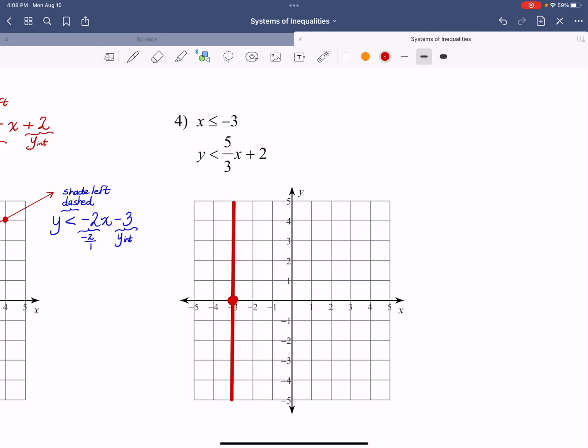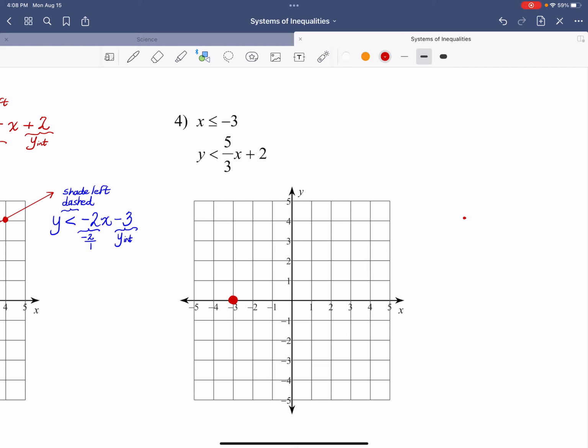And since it is less than or equal to, it will be a solid line. So there is x. I don't know what happened just now. Let me try that again. I had a second line pop in there, so I don't want that. Here we go.